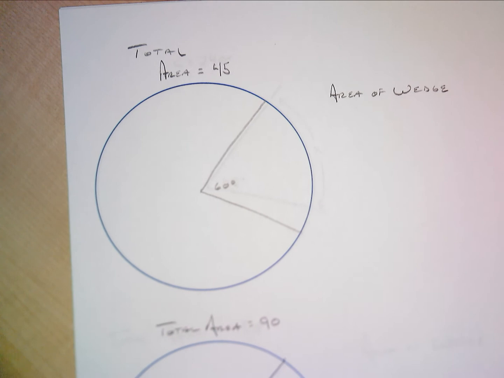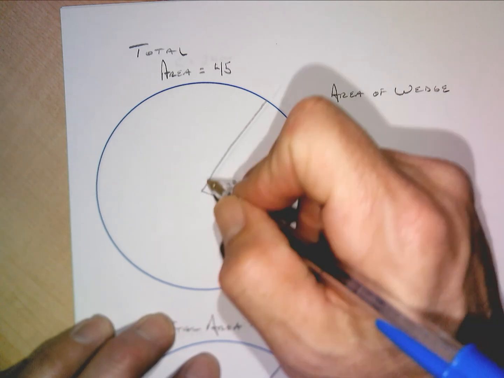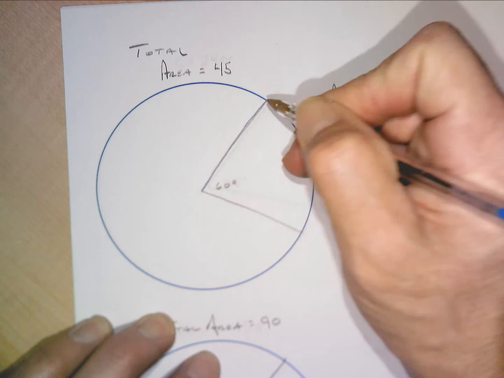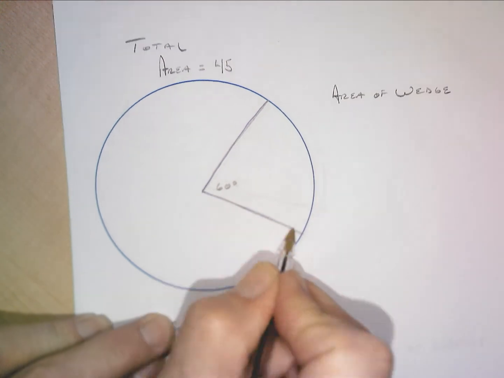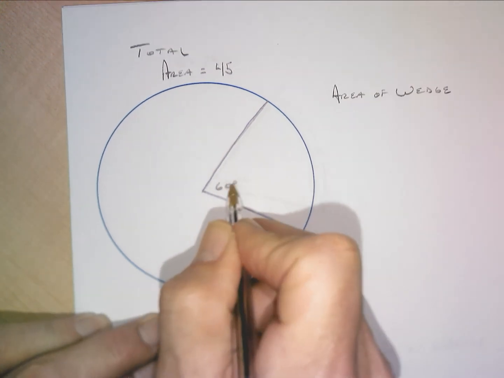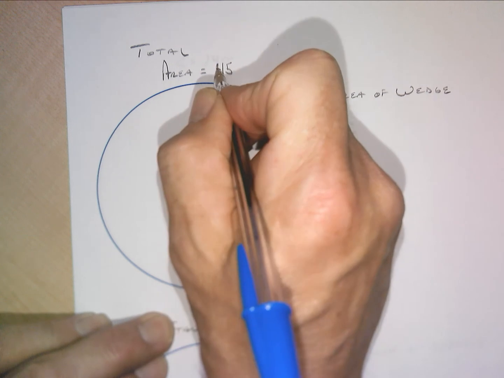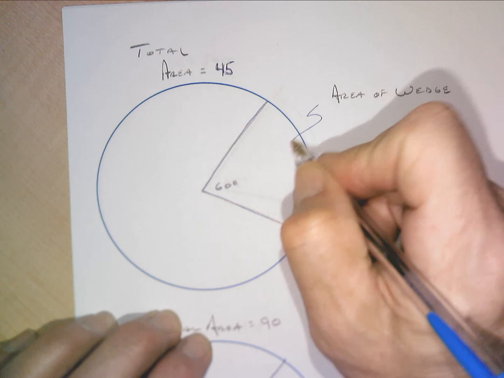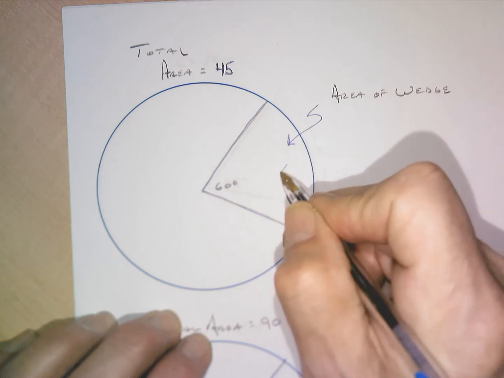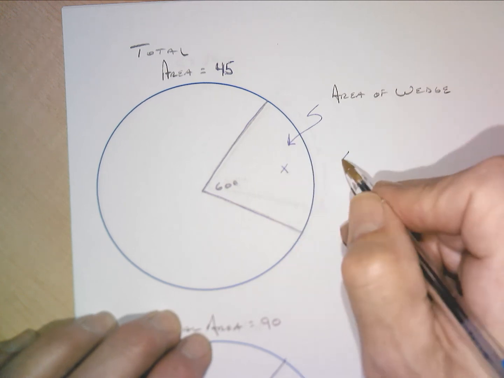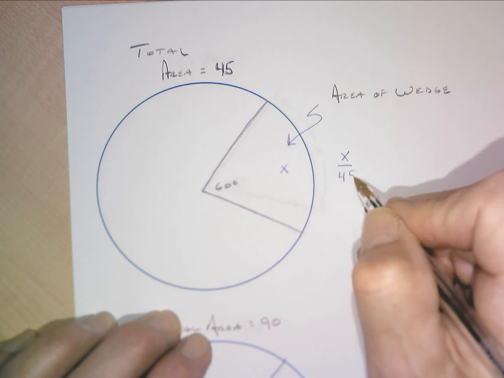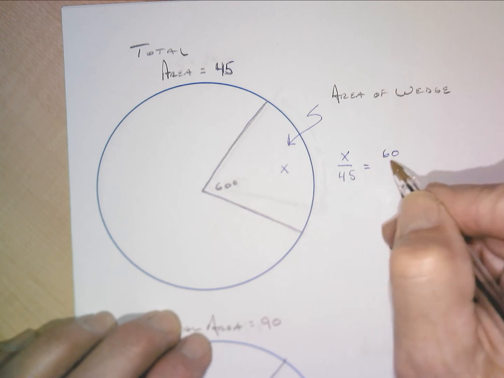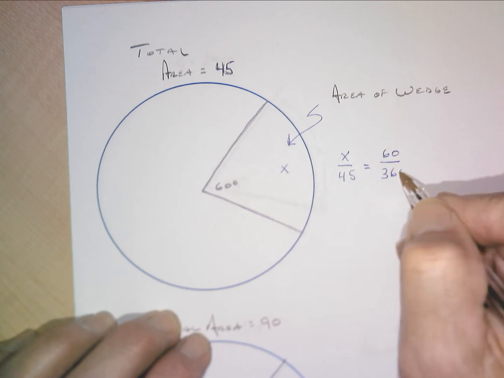And we do the same thing with area. If I have a wedge defined as 60 degrees, and the area of this entire circle is 45, and I want the area of the wedge, and I'm going to call that x, then x over 45 equals 60 out of 360.